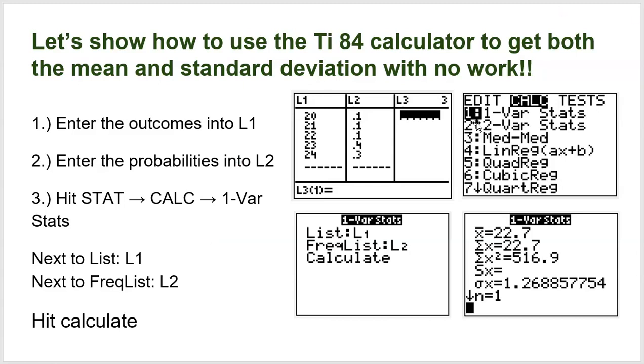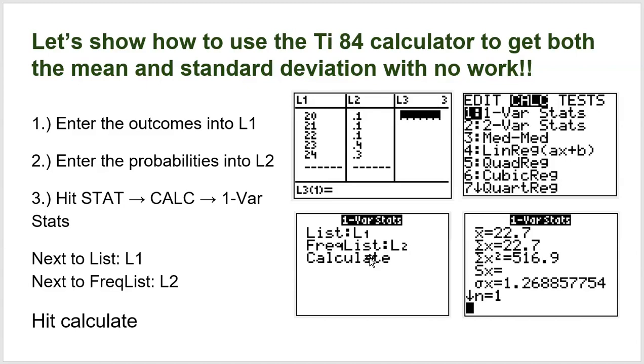Then you're going to go Stat, slide over to Calc, and select one variable stats. You're going to use the lists in 1. List 1, that's where you enter the outcomes. But we have to take into account the frequencies, or the rate at which these outcomes occur.